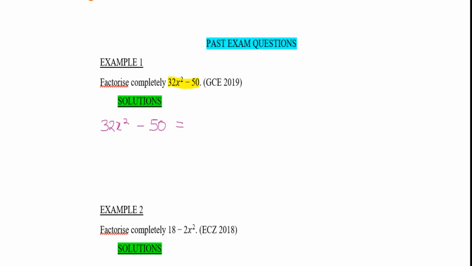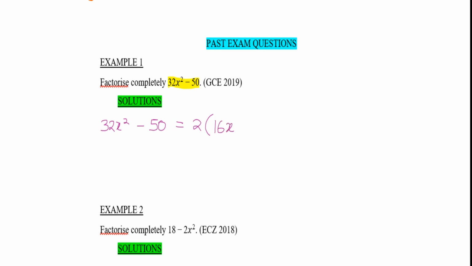So we are factorizing. We look for a factor of 32 and 50, the highest common factor. We are going to see that it will be a 2. So we factorize a 2 from 32 to give us 16.